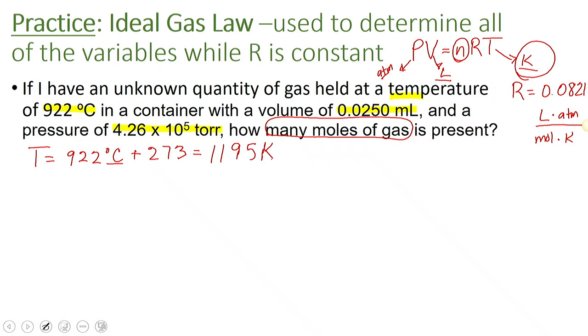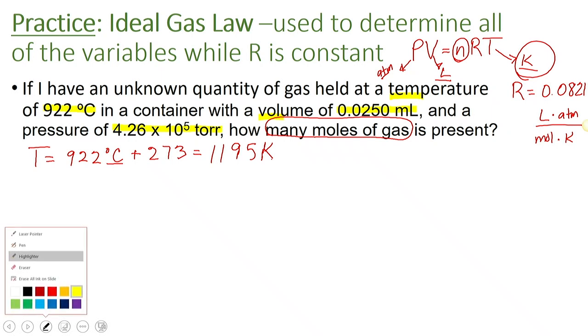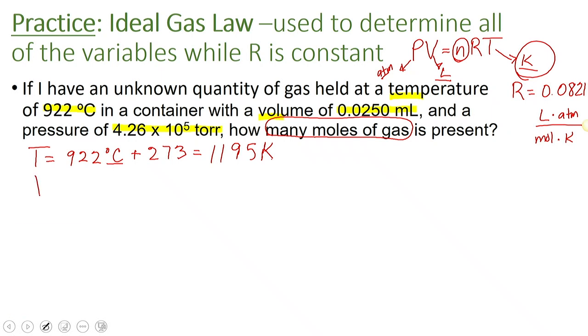We are next given our volume, V, which is 0.0250 milliliters, and we need to convert that to liters. So we know that for every 1 liter, we have 1,000 milliliters.